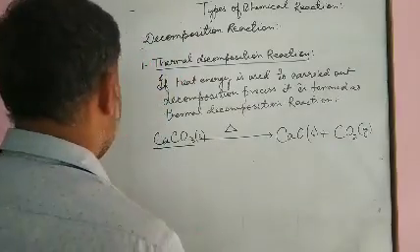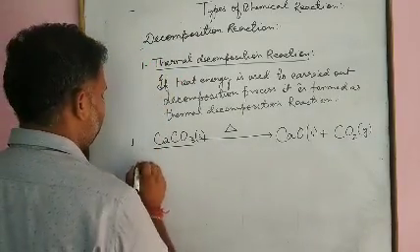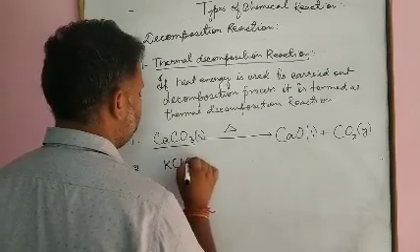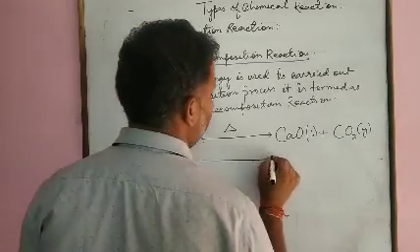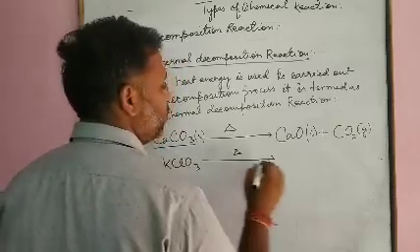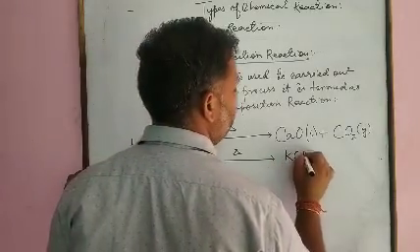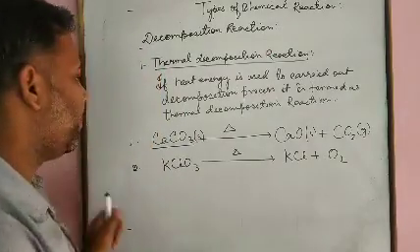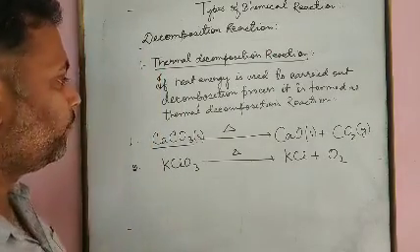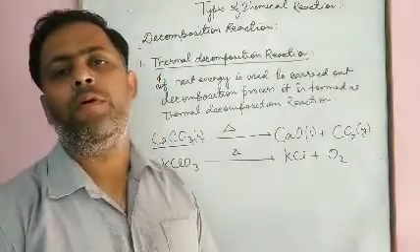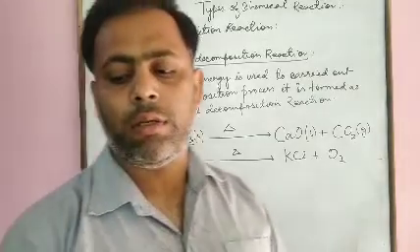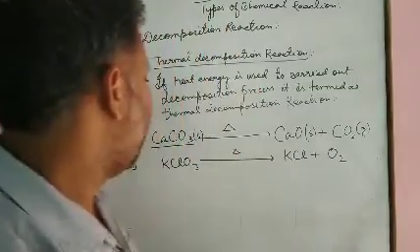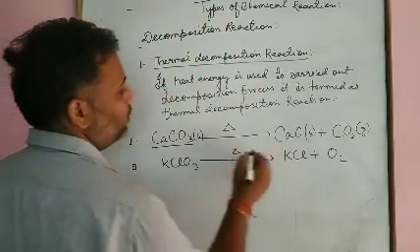That means the next one, when KClO3, potassium chlorate, is heated, it is broken down into potassium chloride plus oxygen. This is also a type of thermal decomposition reaction. Let us balance it.